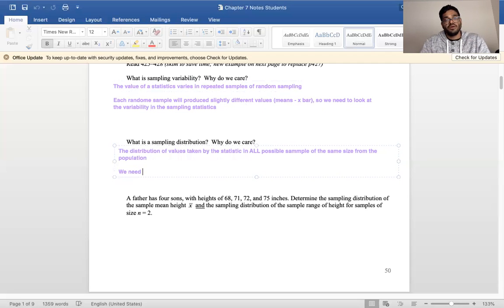We need to look at a range of values and its shape, possible sample statistics to see the full picture.